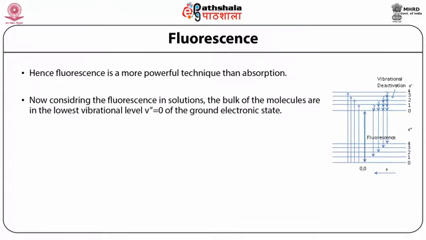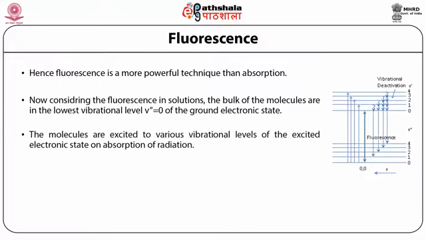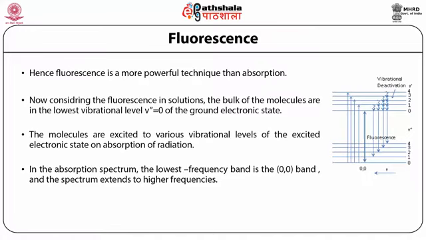Now, considering fluorescence in solutions, the bulk of the molecules are in the lowest vibration level ν'' = 0 of the ground electronic state. The molecules are excited to various vibration levels of the excited electronic state on absorption of radiation. In the absorption spectrum, the lowest frequency band is the 0-0 band, and the spectrum extends to higher frequencies.